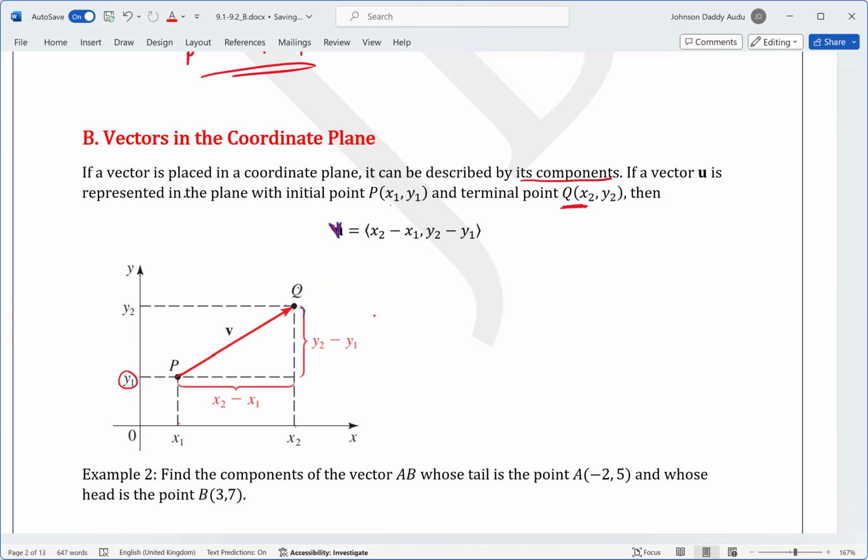So this is what we call the vertical component of the vector. And this will give us the horizontal component, which is simply x2 minus x1, right?